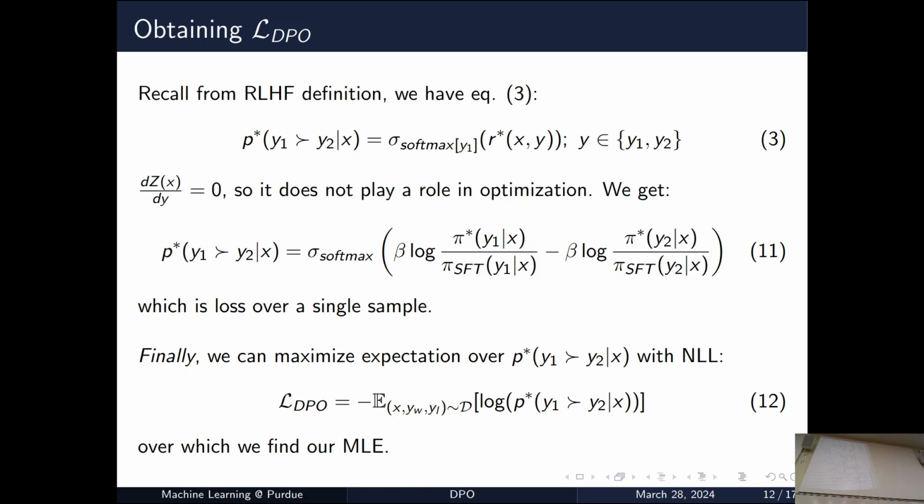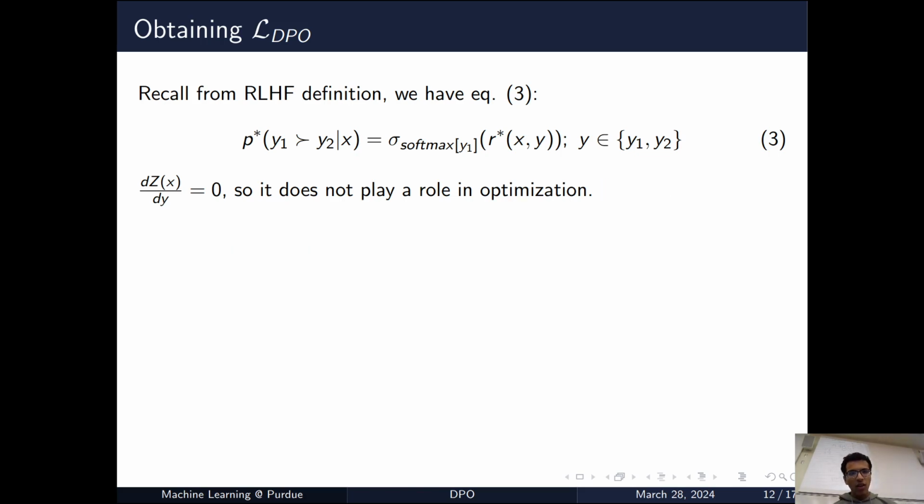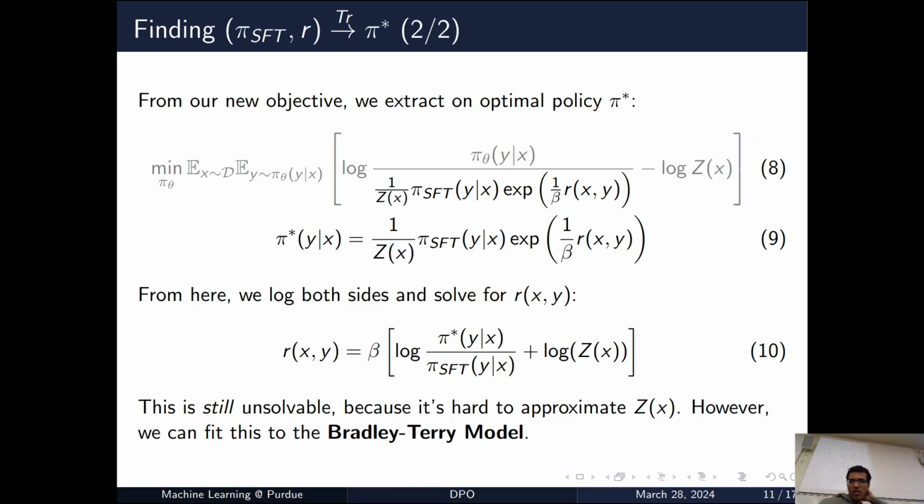To backtrack a little bit to have the whole picture: in equation 9, maybe in the previous slide, we actually try to solve. We call the entire denominator pi star, right? We call that pi star, and then we try to solve for r x y using pi star.